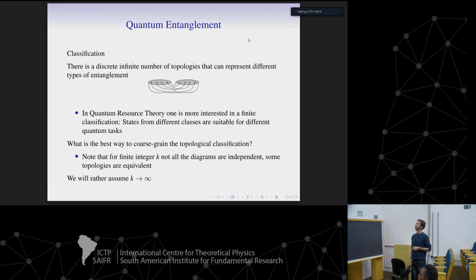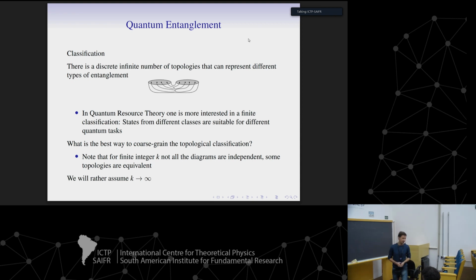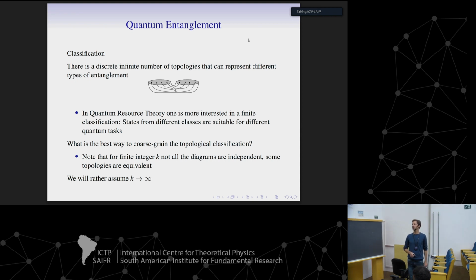So then there is a question. Well, in quantum resource theory, there is this classification of different types of entanglement. It is useful because if you think of different quantum tasks, so you want to do something with your quantum system on a quantum computer, different states or different resources would be useful for different tasks. So that's why you want to have some classification.